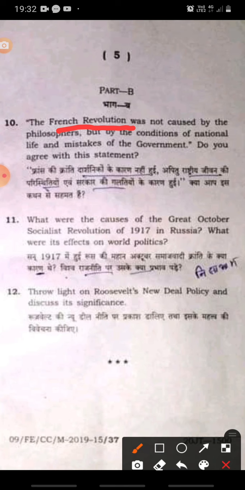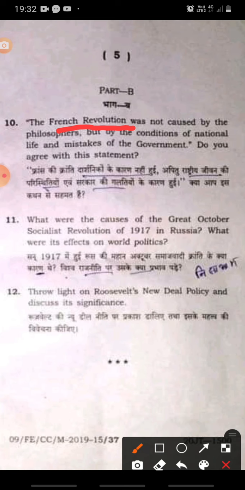So always we study and write about the responsibility of philosophers behind the French Revolution. But you have to justify here the answer that you are writing. You have to justify that not only the philosophers but the conditions of national life during that period and also the mistakes done by the French government led to the French Revolution.